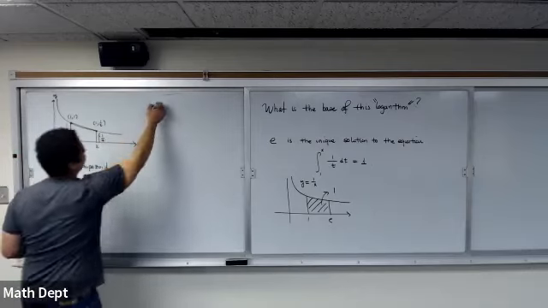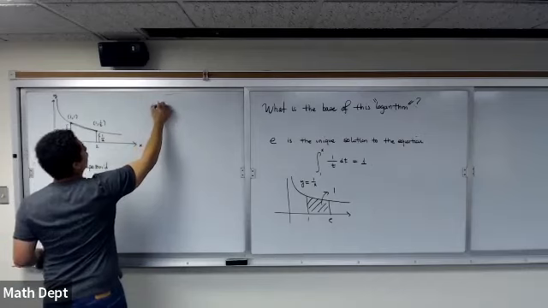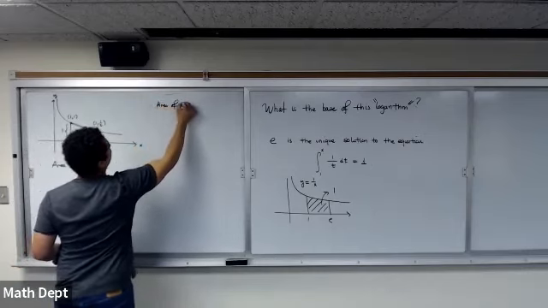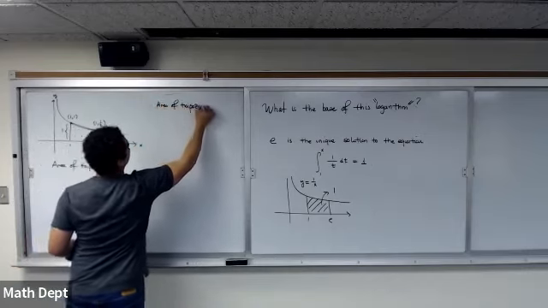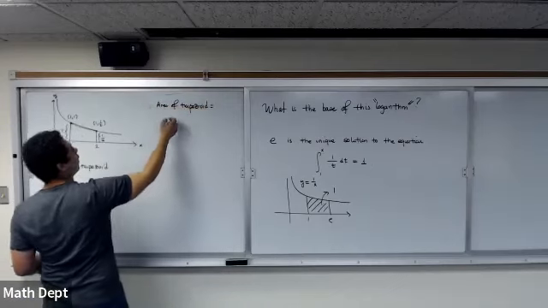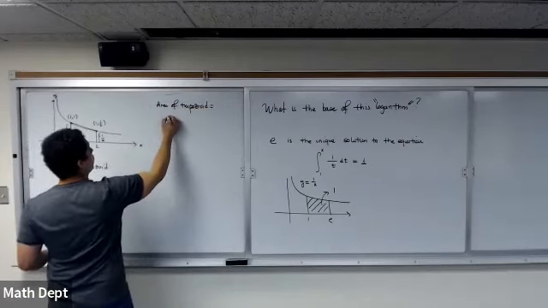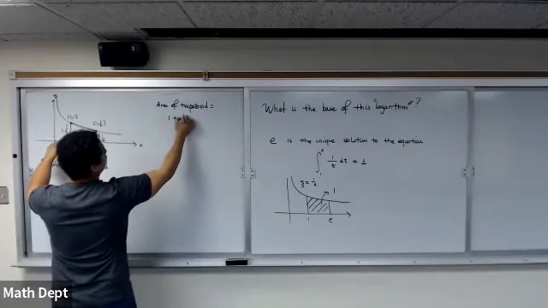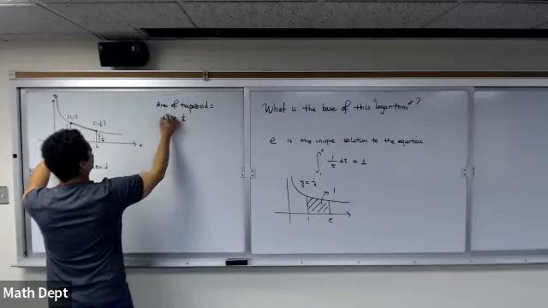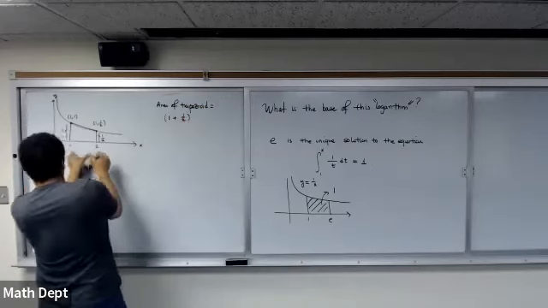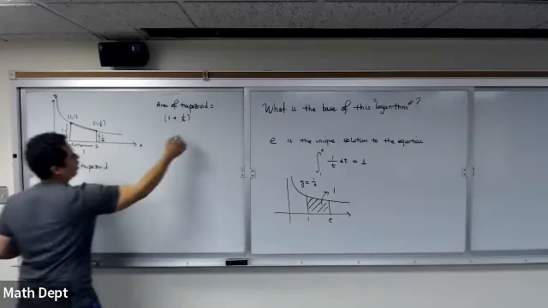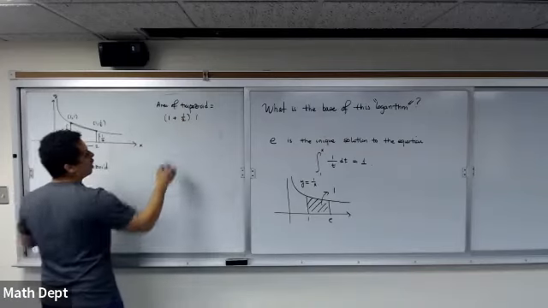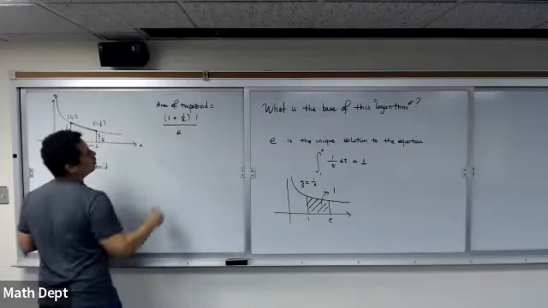Let's recall the area of a trapezoid is given by the larger base plus the smaller base, times the height, divided by 2.